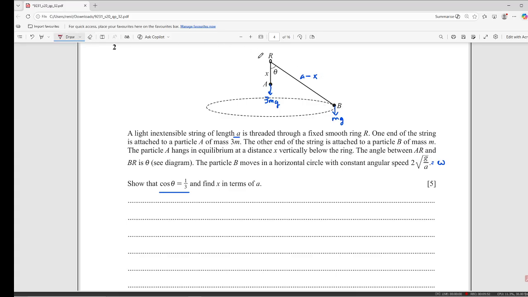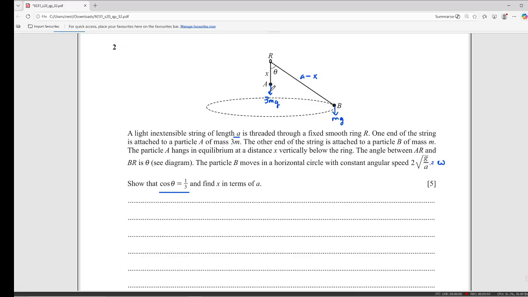You can see that there will be a tension in the string opposing the motion of it going down. If it's in equilibrium, there must be a tension upwards so that it doesn't fall, right? And there should also be a tension in the string this way such that this doesn't fall down either. You should understand that the tensions are equal all throughout the string, meaning that the tension over here is equal to the tension over here.